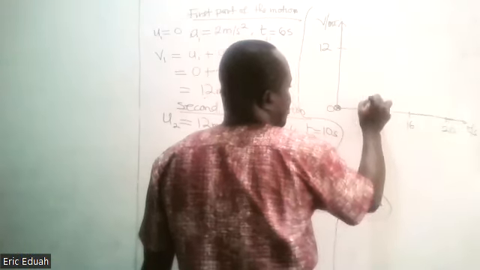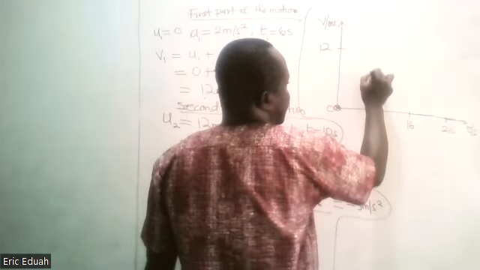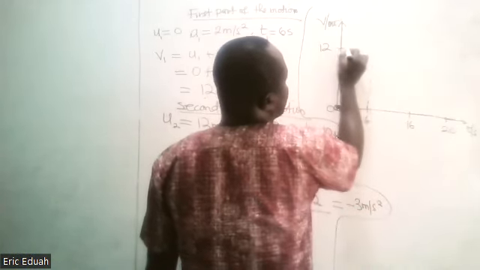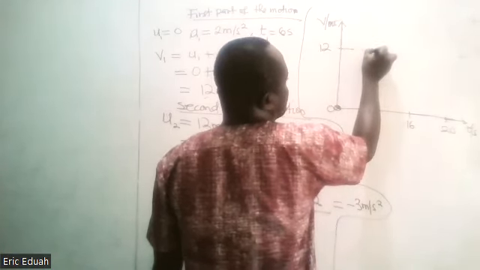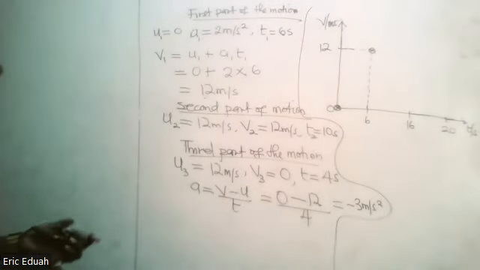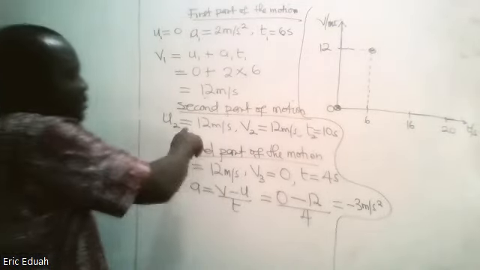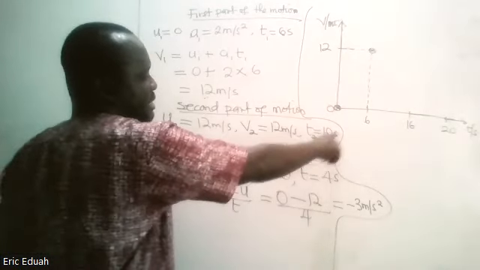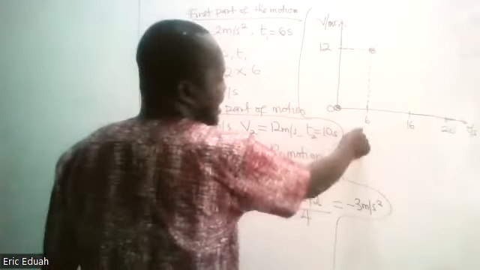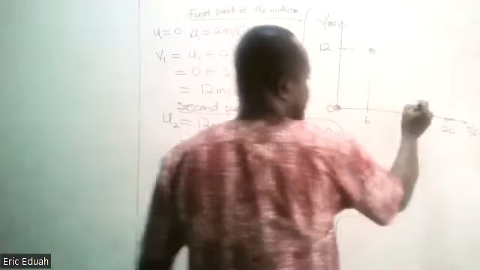So at the time of 6, it goes with a velocity of 12. This will be the point. Then this velocity is maintained for 10 more seconds, so 10 plus 6 is 16.